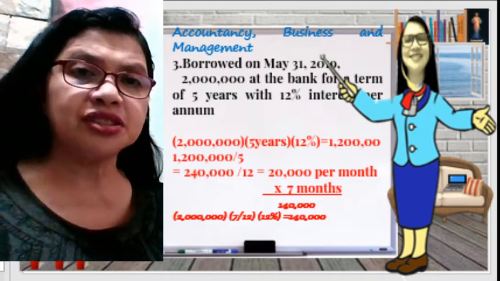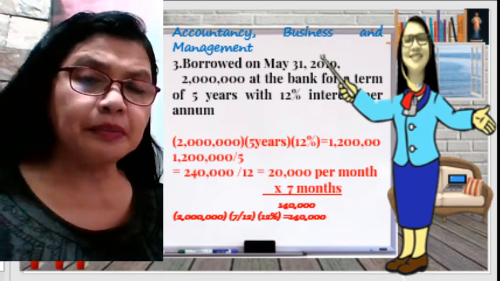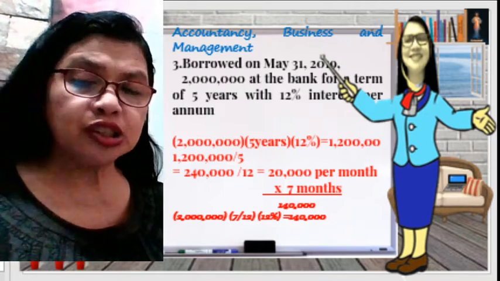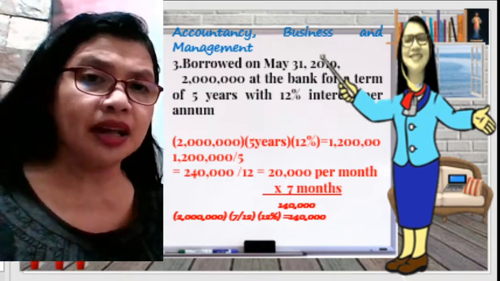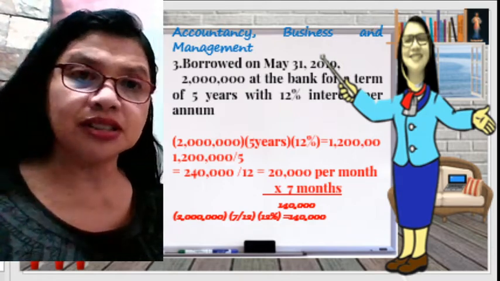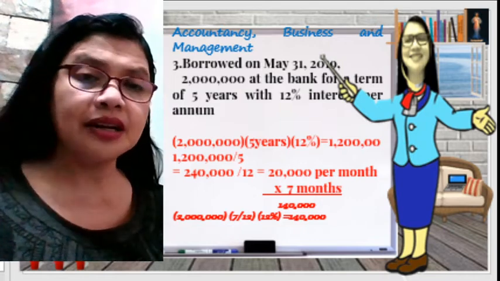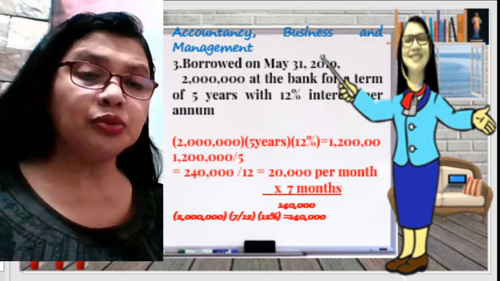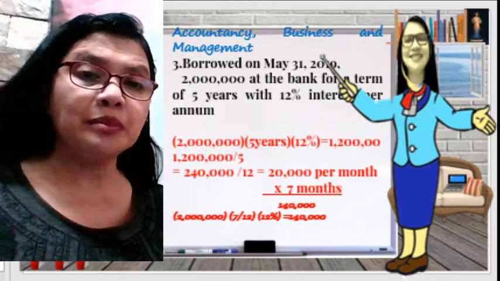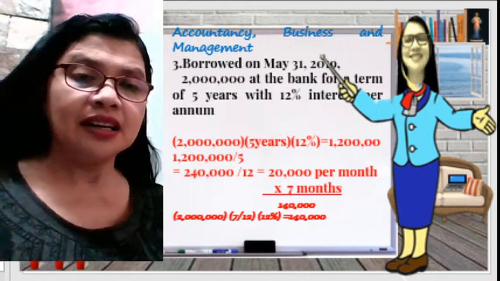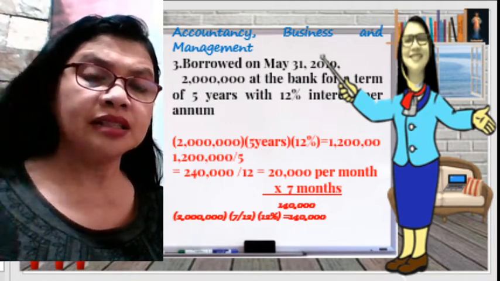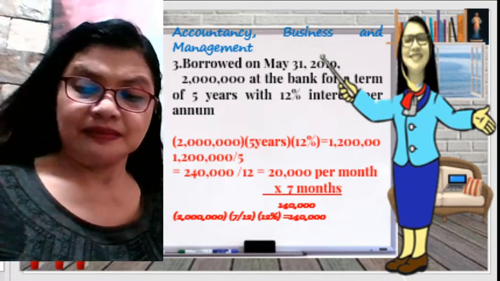But since we use the money not for a whole year, but from May to December, that is, June to December 31 is 7 months. So we divide 240,000, which is the interest for 1 year, by 12. It will give us 20,000 per month times the 7 months. So 7 times 20,000 is 140,000.